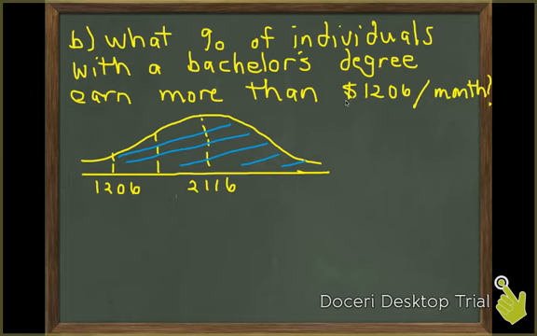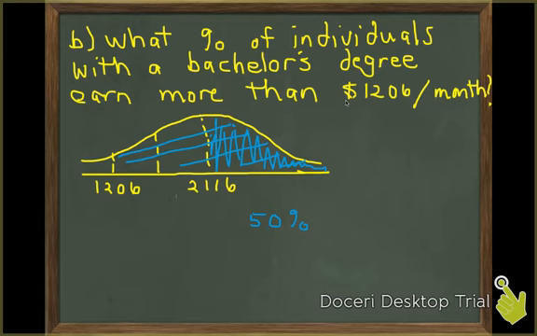Okay, to the right of the 1,206. Let's think about what we know. We know that this whole region to the right of the mean is going to be 50%. We know that from 2 standard deviations on either side is your 95%.